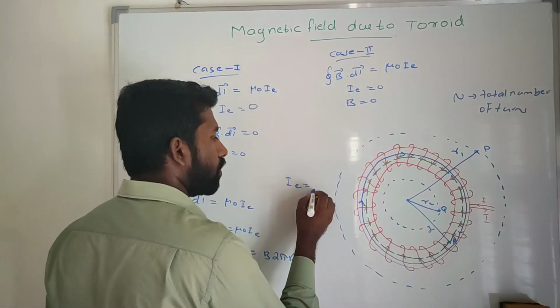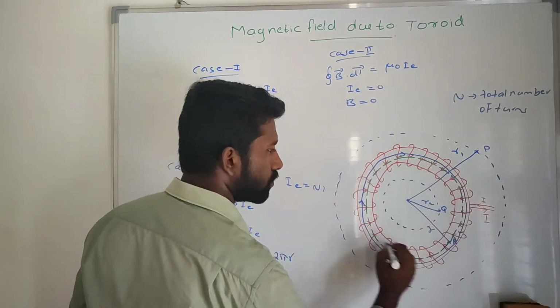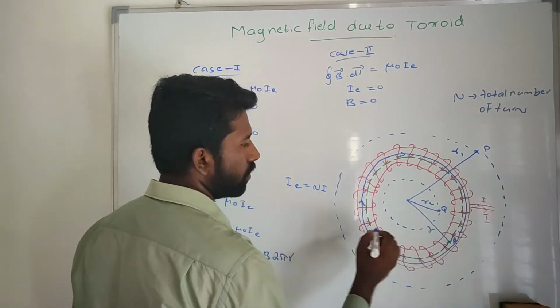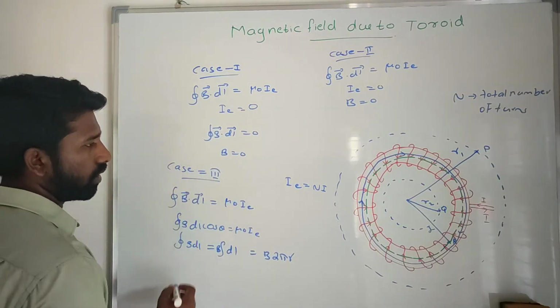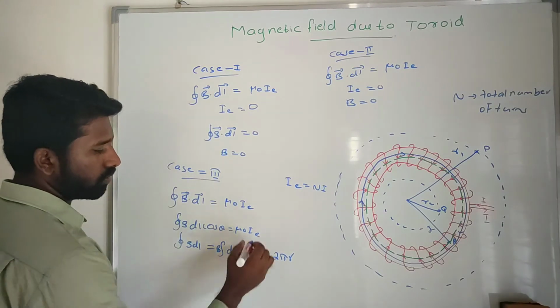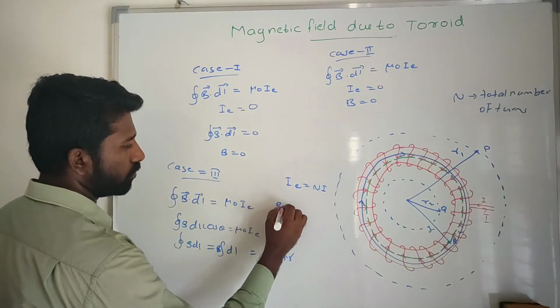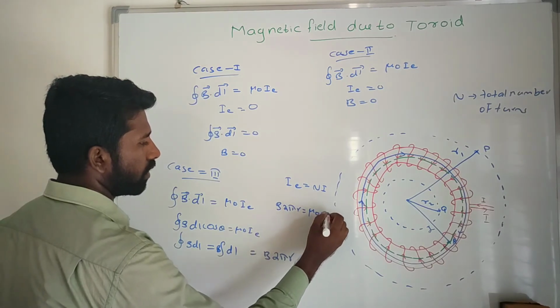So for N number of turns, the total current enclosed in this loop is I into N. Now we can apply this in Ampere's circuital theorem: integral B dl is equal to B into 2 pi r, that is equal to mu 0 into N I.